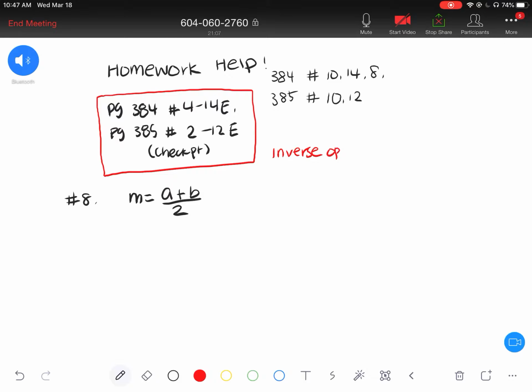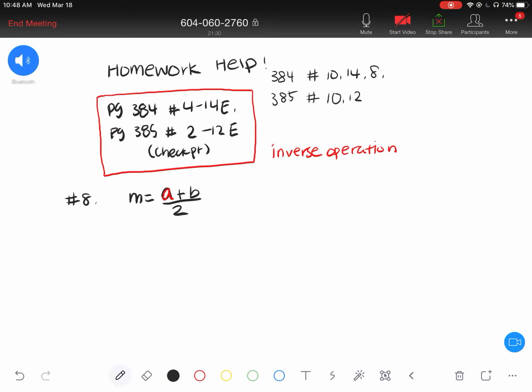Everything is going to be inverse operation, and it's going to be the same as working with numbers and equations. The only difference is you can't solve them completely because they're using variables, but that's really the only difference. So I want to solve it for, in this case, a, because that's in red.